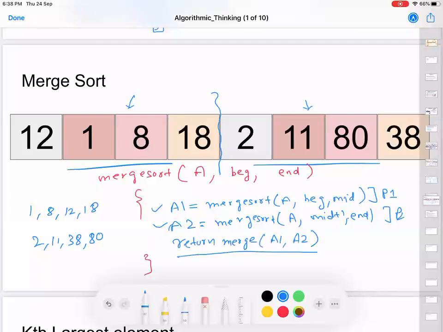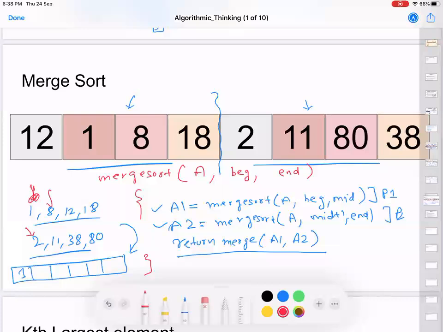And what this merge procedure does, it's a simple procedure. You are given two arrays here. It keeps two pointers, one here and one here, right? And it creates a third array out of these. I know both of these are sorted. I want to arrange them in the proper order. So you compare 1 with 2. Whichever is lighter, you keep that here and you increment this pointer by 1.